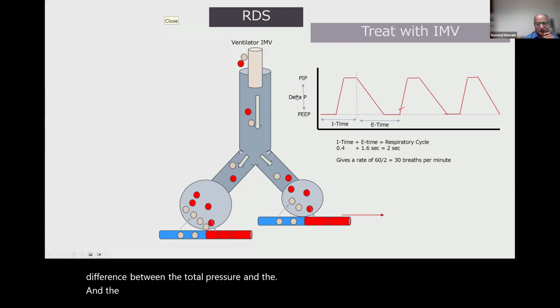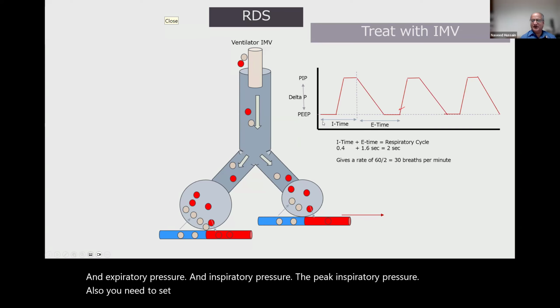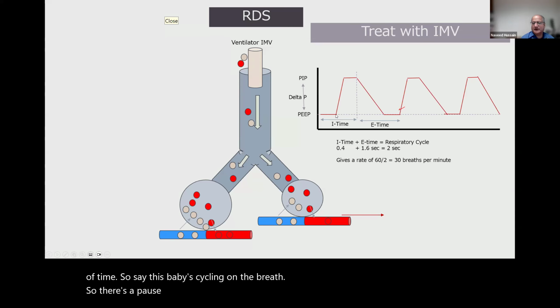So whichever way you set it, you have to set a PEEP, an expiratory pressure, and an inspiratory pressure, the peak inspiratory pressure. Also, you need to set inspiratory time, because the pressure has to go in for a particular period of time. So say this baby's cycling on the breath. There's a pause here, then the inspiration starts, and the peak inspiratory pressure is reached.